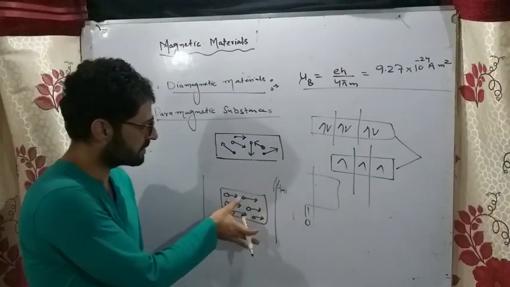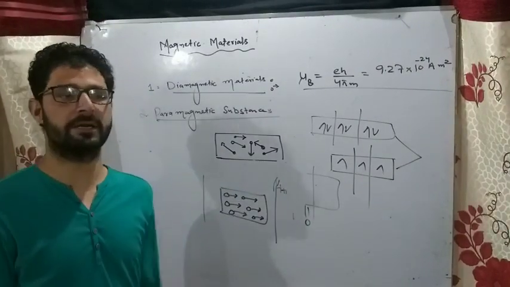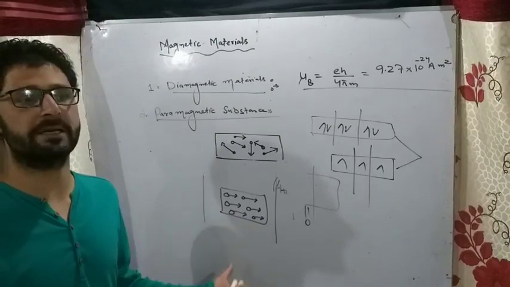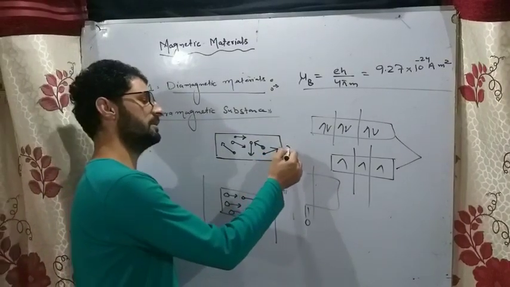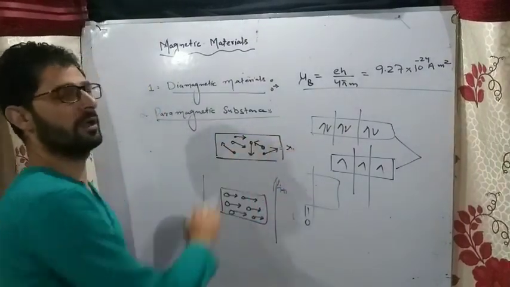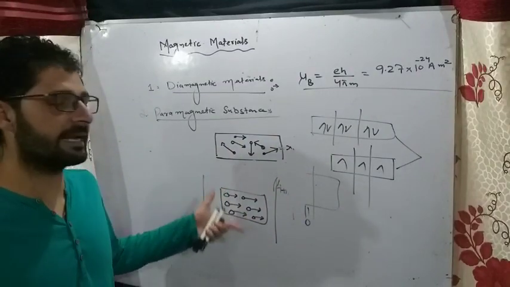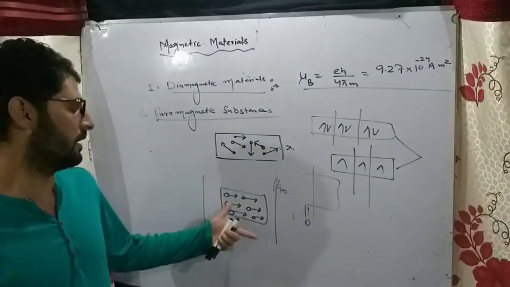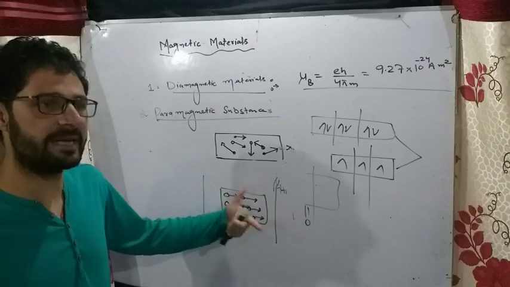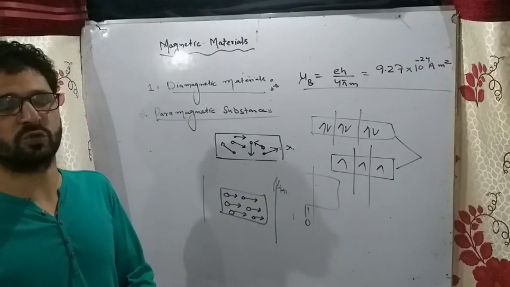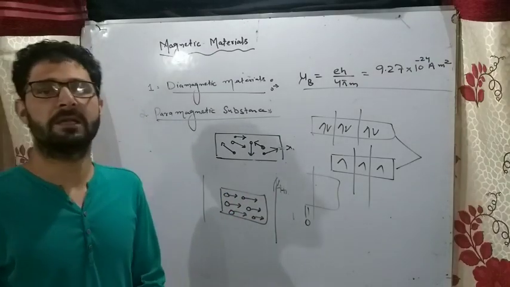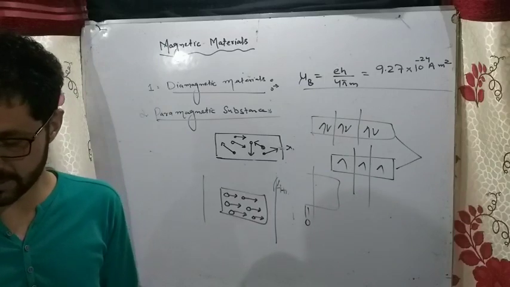So it gives net non-zero magnetic moment. In absence of magnetic field, they have zero magnetic moment; they get magnetized, they get attracted by the magnet. They are weakly magnetized in the direction of applied field. So these substances are called paramagnetic substances.